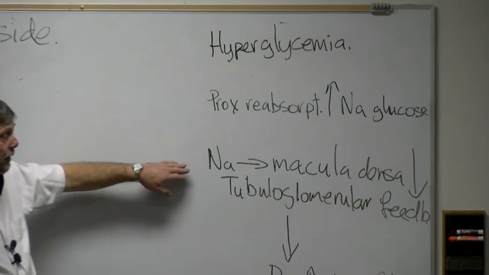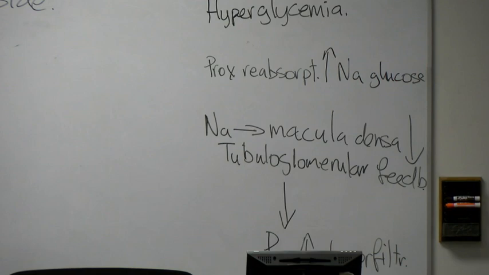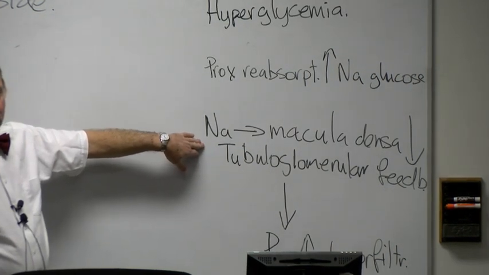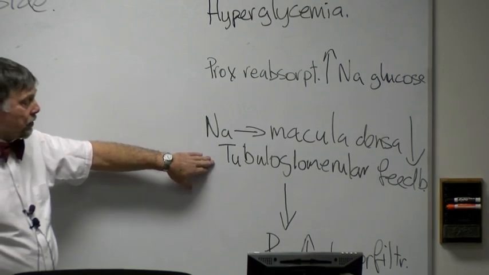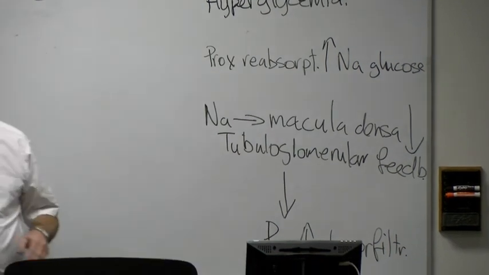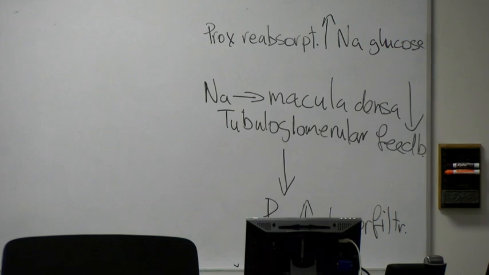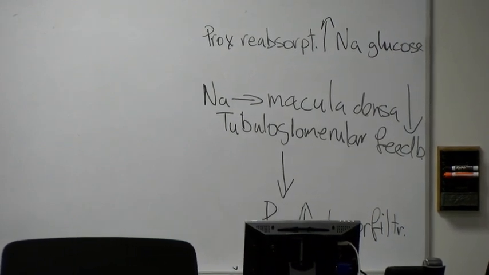By the time the tubular fluid gets to the macula densa, because you've reabsorbed so much sodium, there is less sodium delivered to the macula densa, and tubuloglomerular feedback tries to increase glomerular filtration. In other words, it's saying, oh my gosh, we didn't get enough tubular fluid, we need to increase filtration.